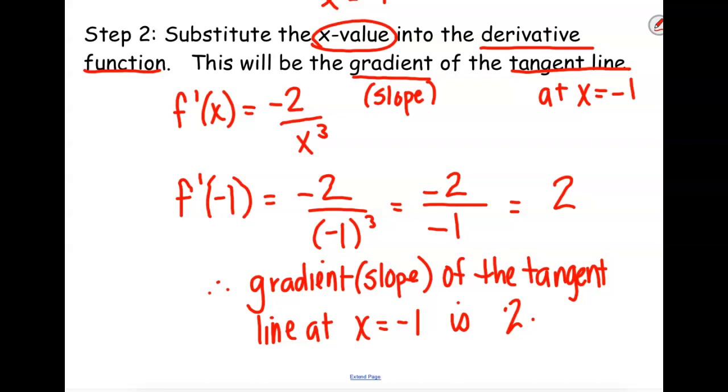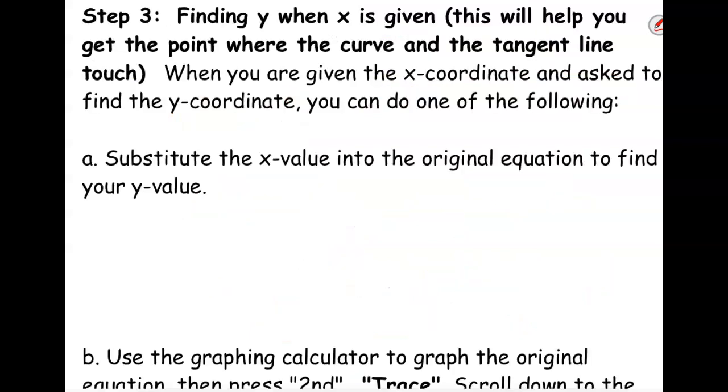All right. Step 3, finding y when x is given. This will help you get a point where the curve and the tangent line touch. When you're given the x coordinate and asked to find the y coordinate, you can do the following. A, substitute the x value into the original equation to find your y value, or use your graphing calculator.